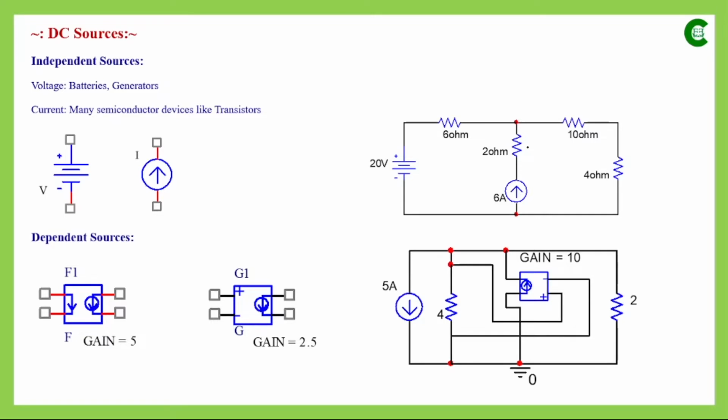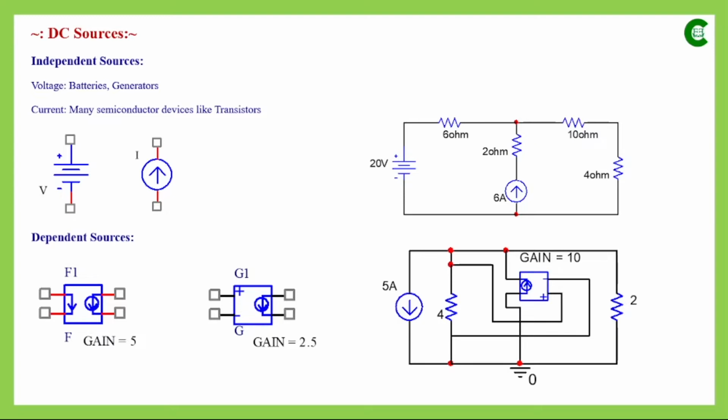For today's class, we will only know that dependent sources are those sources whose values, be it voltage or current, are not fixed, and their values depend on some other parameters in that circuit. Parameters here refers to the voltage and current, the responses in that electrical network: the voltage drop across any other element in the same network, or the current that flows through any other element in the same network.